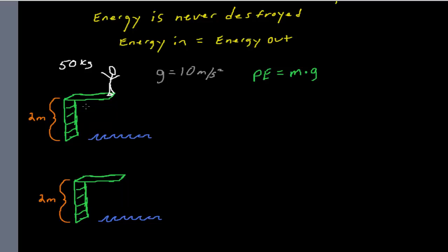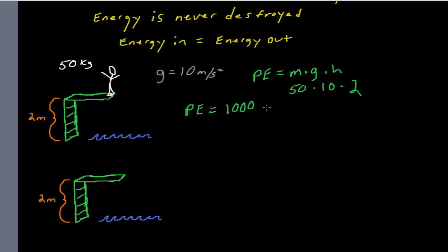And we can multiply that by how high he is off the ground, by his height. So in this case, he's 2 meters off the ground. Okay, so his height. So our numbers here, his mass is 50. Gravity, we said we're just going to round it to 10. And his height is 2.